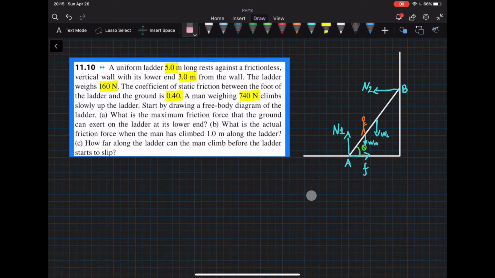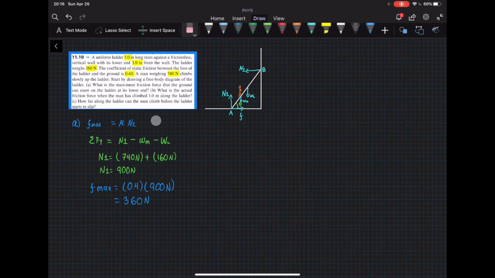The first question is: what is the maximum friction force that the ground can exert on the ladder at its lower end? We can find that using the friction force equals mu times the normal force N1.